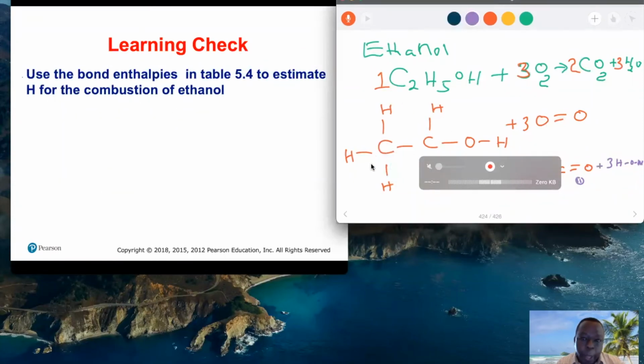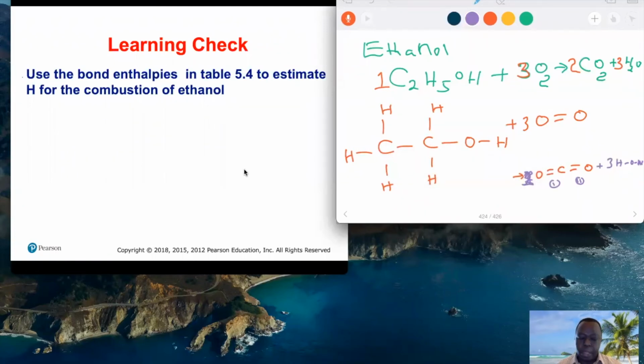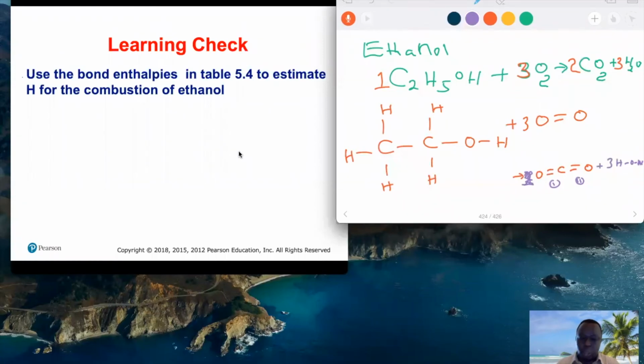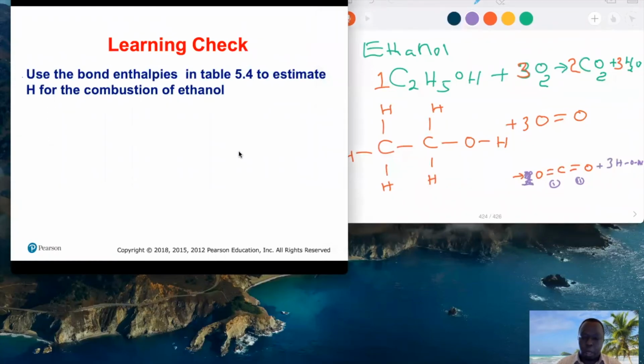You will see where the double bond is, where the single bond is, how many single bonds there are, and how many carbon-carbon bonds will be broken for each, and then plug it into this equation. Remember, broken minus formed. We are breaking the bonds on the reactant side. We are forming the bonds on the product side to really fit in this equation.